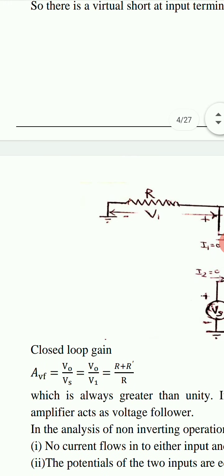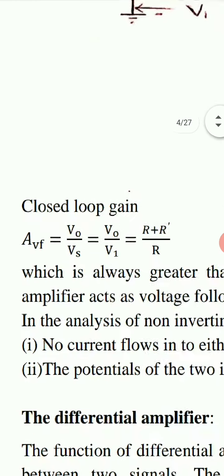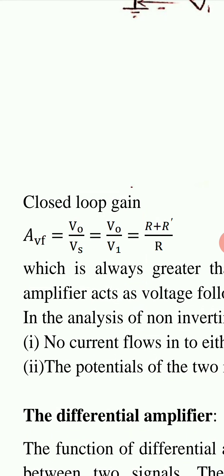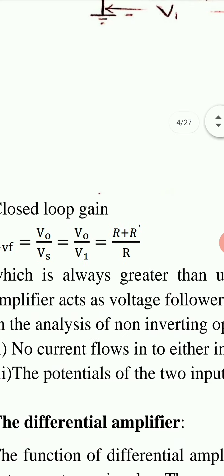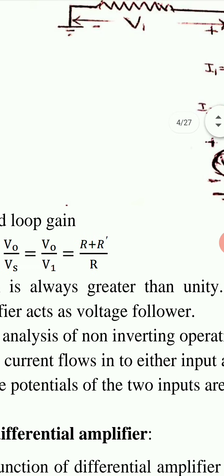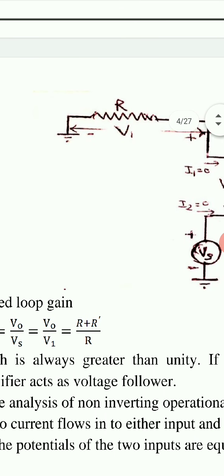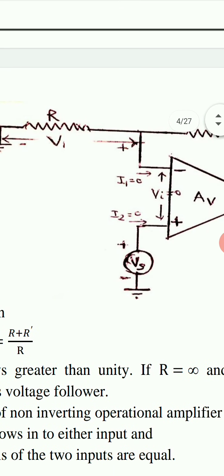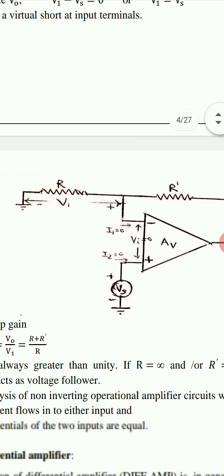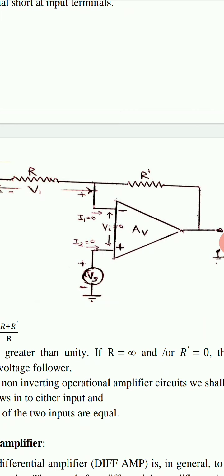Closed loop gain, that is voltage gain with feedback AVF, is equal to VO upon Vs, and as Vs is equal to V1, it is equal to VO upon V1, and VO upon V1 is equal to R plus R' upon R. R is the resistance across which voltage is V1, and R' is the resistance used for feedback.